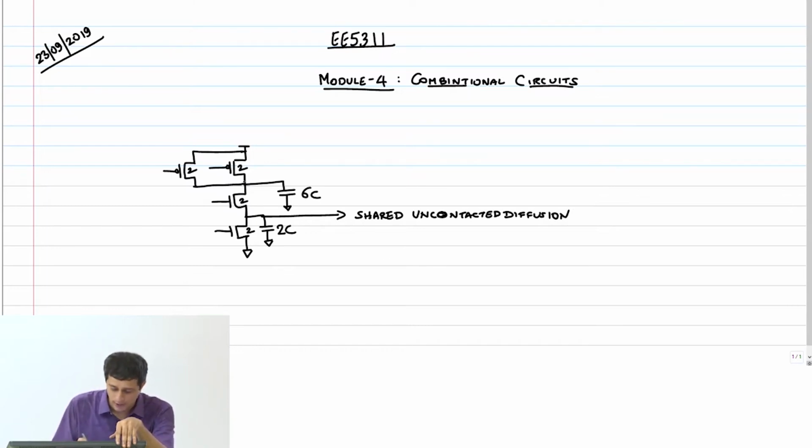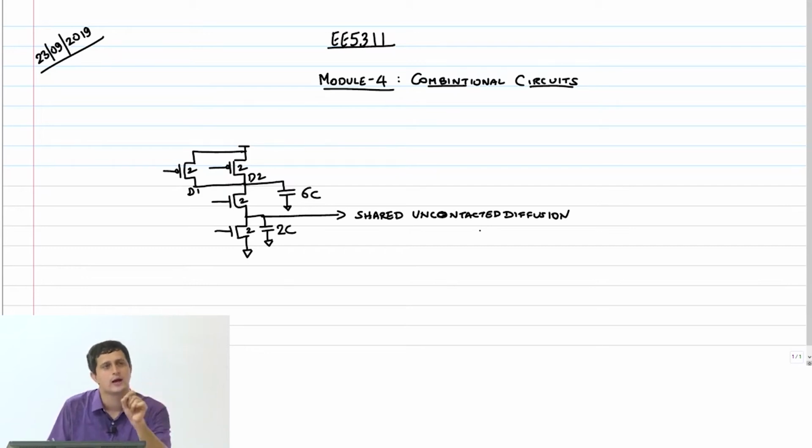Whereas if you look at the two PMOS transistors, even though the drains of both PMOS transistors, drain 1 and drain 2, are shorted, they are a contacted diffusion and therefore you need more space. So effectively the capacitance goes up for that reason. It's not like you have just one diffusion there for both these transistors.